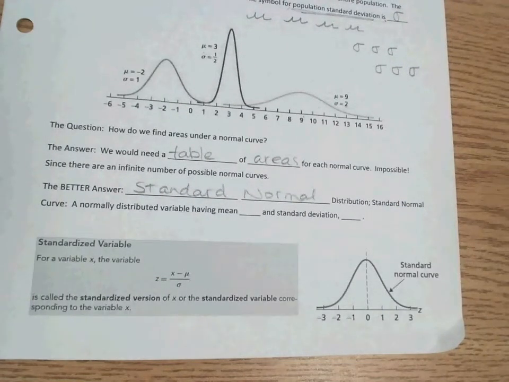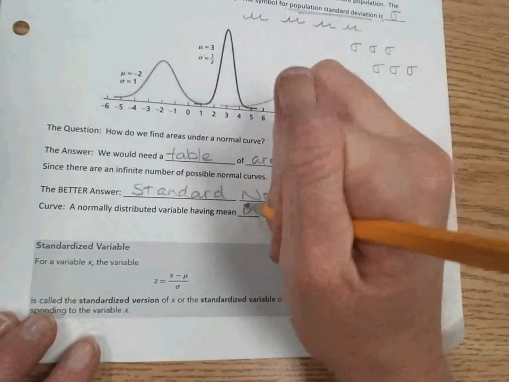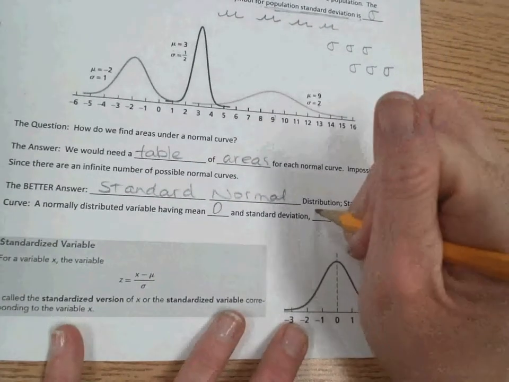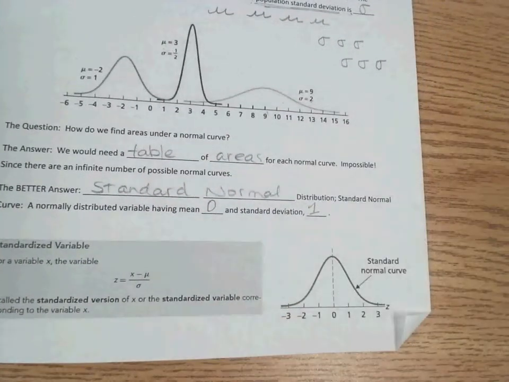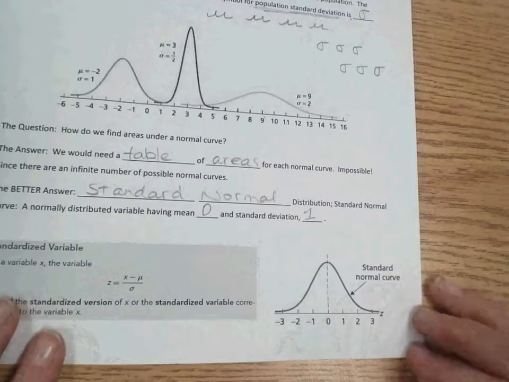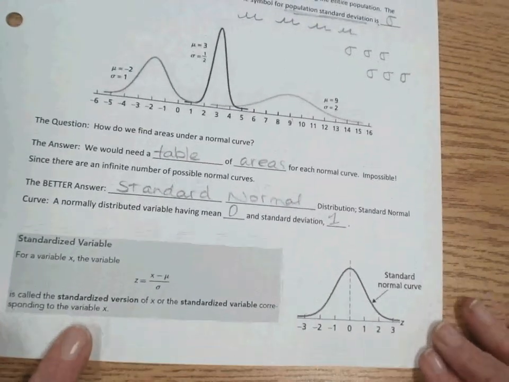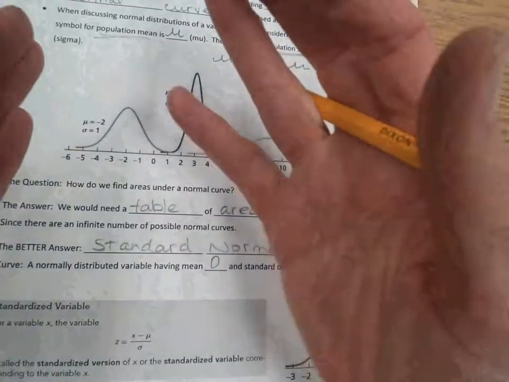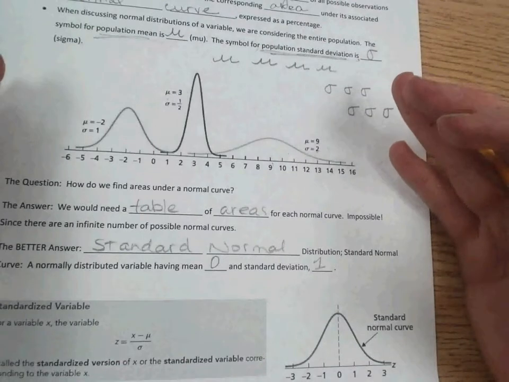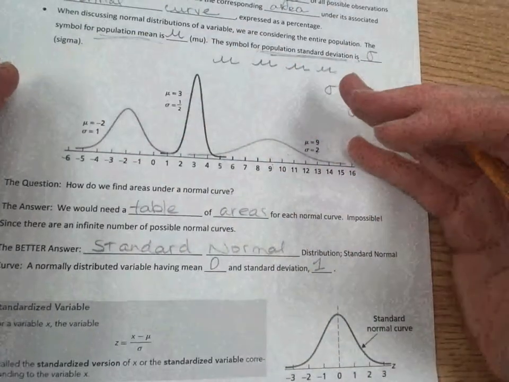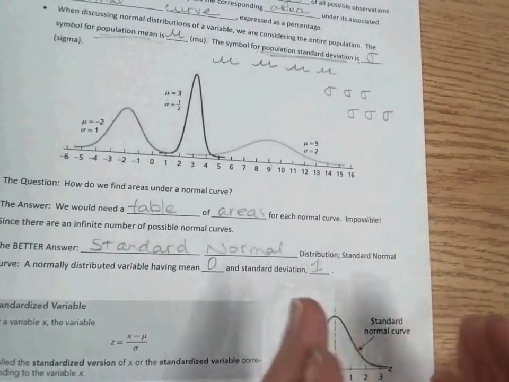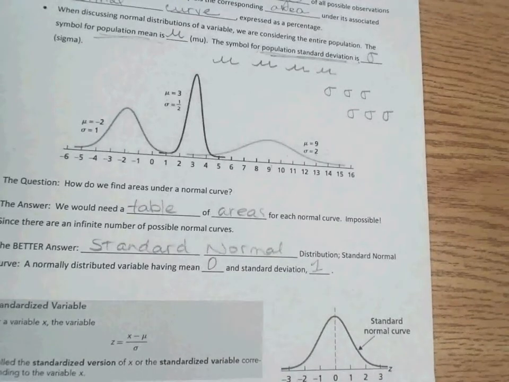A standard normal curve is a normally distributed variable having a mean of 0 and a standard deviation of 1. We're going to learn to funnel each one of these normal curves into this standard normal curve. Like standardized tests, you love those?